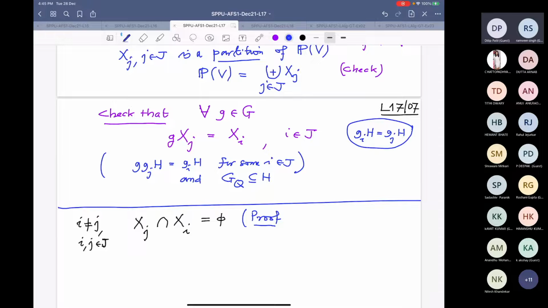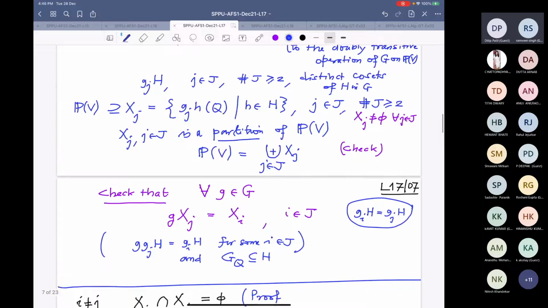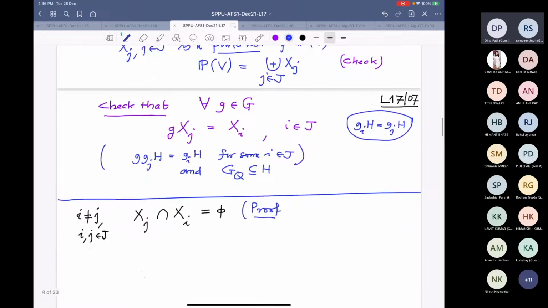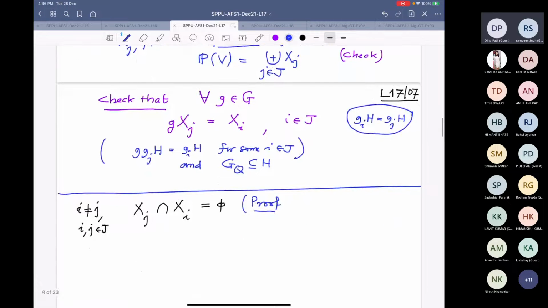So suppose there is some point in common. Remember, there are points in the projective space. So first of all, note that this Xj corresponds to which coset? This is corresponding to GjH. And this is corresponding to the coset GiH.